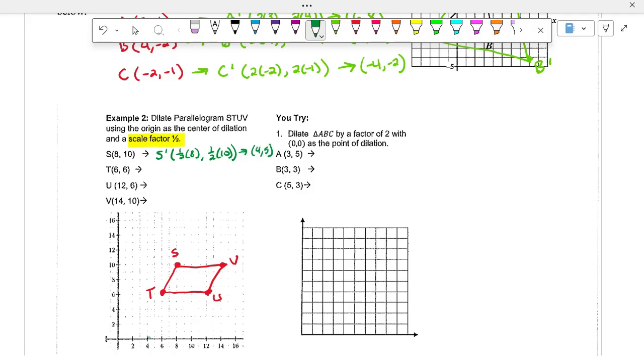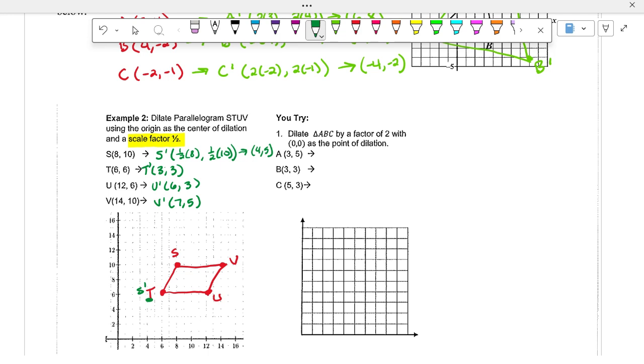So S prime would be at (4, 5). What about T? If I divide both of those by 2, what would I get? 3, 3. So that would be T prime. What about U? 6, 3, and then V, 7, 5.